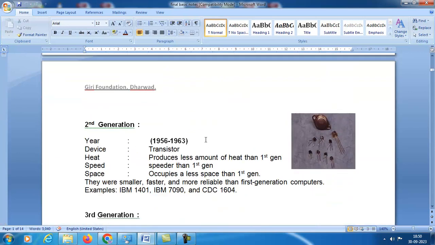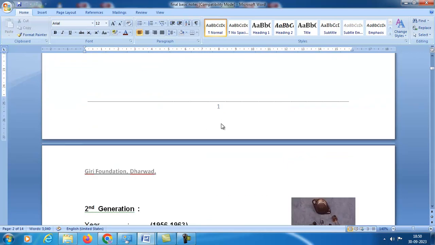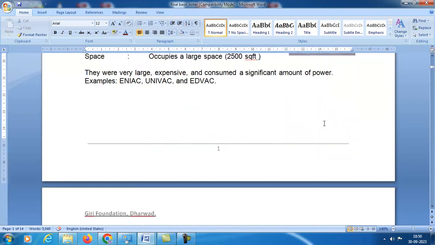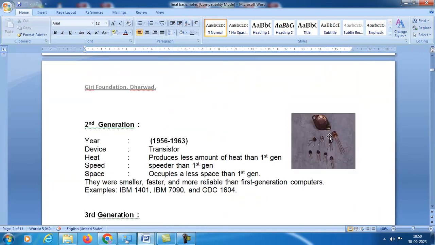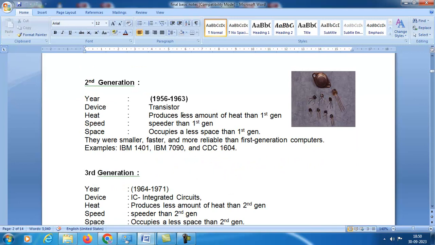Next one is the second generation of computers, which started from 1956 to 1963. In this, the size of the device is reduced, and transistors started being used, so the heat produced is less compared to the first generation, and thus it is faster and occupies less space than the first generation.